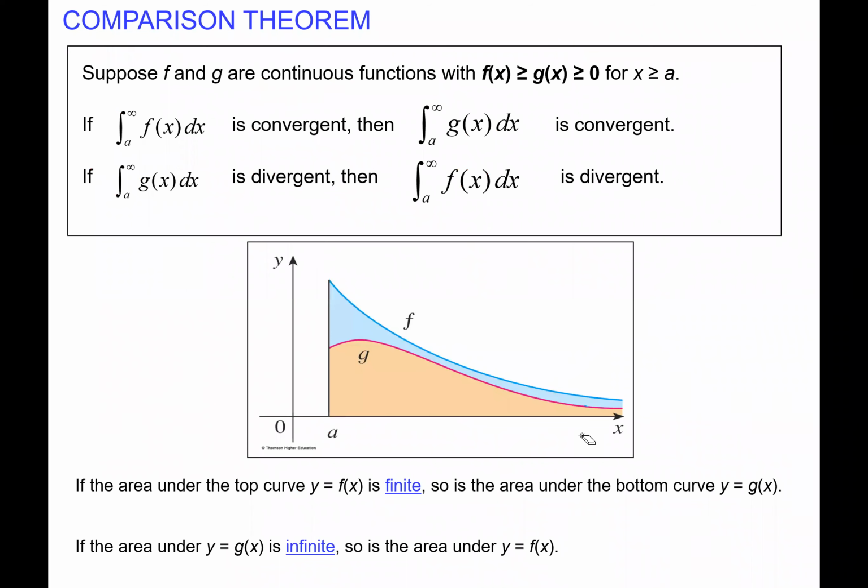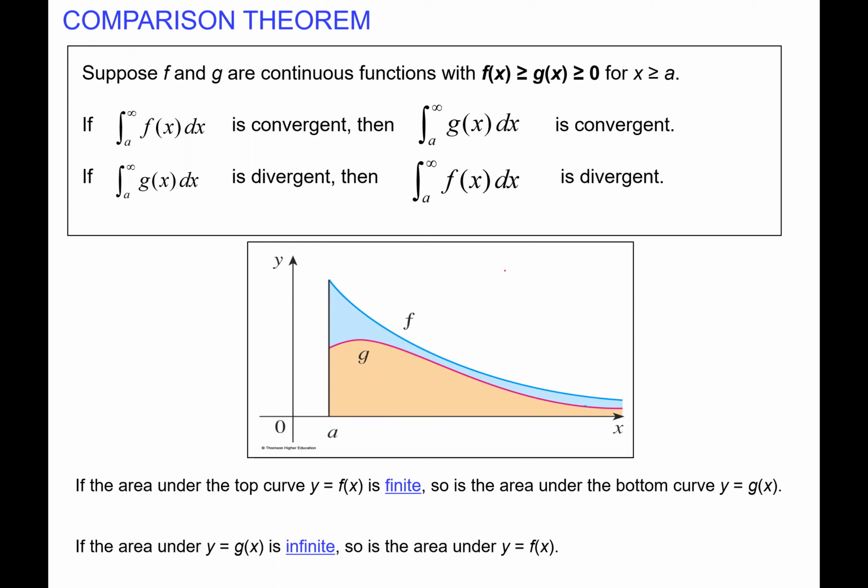Okay, I have one more thing before I finish type 1. We do have something like a comparison theorem. It's really nice and logical, like common sense. Suppose that f and g are continuous functions with this relation: f of x is greater than g of x, both of them positive, above the x-axis, for x greater than a.